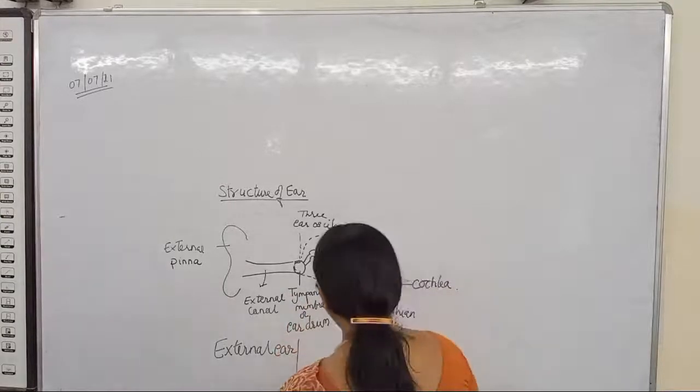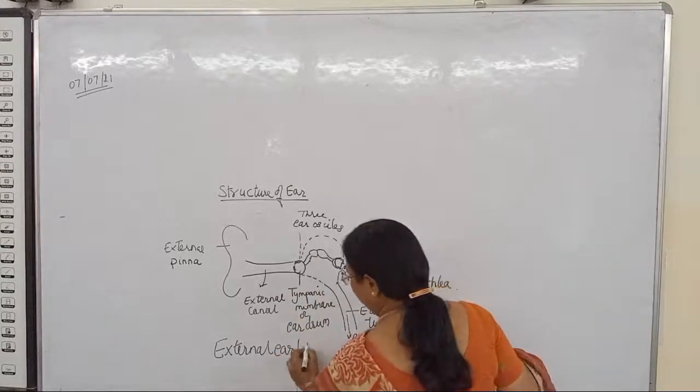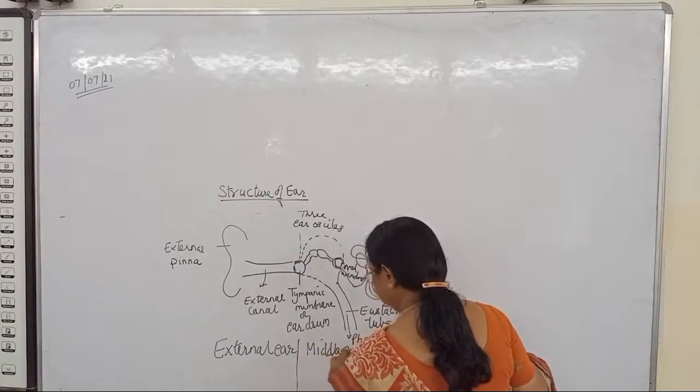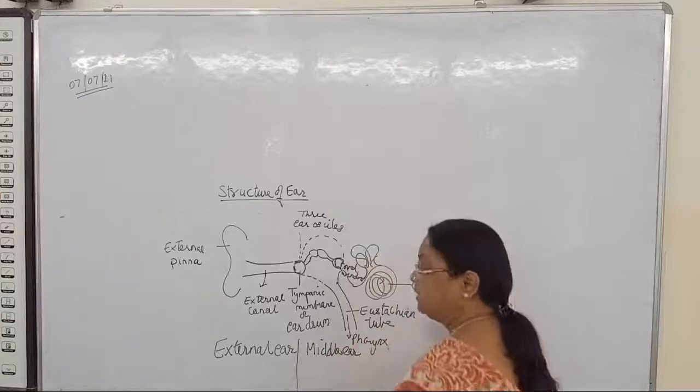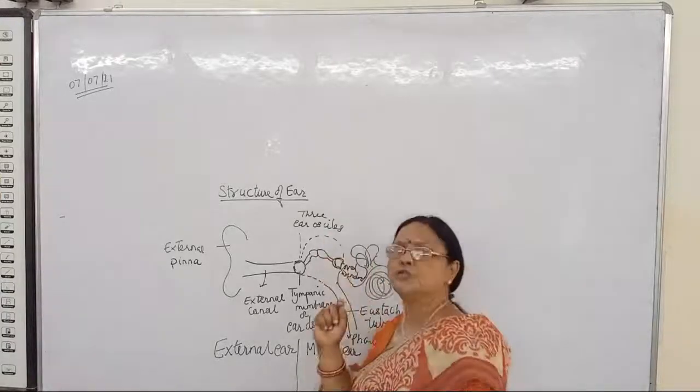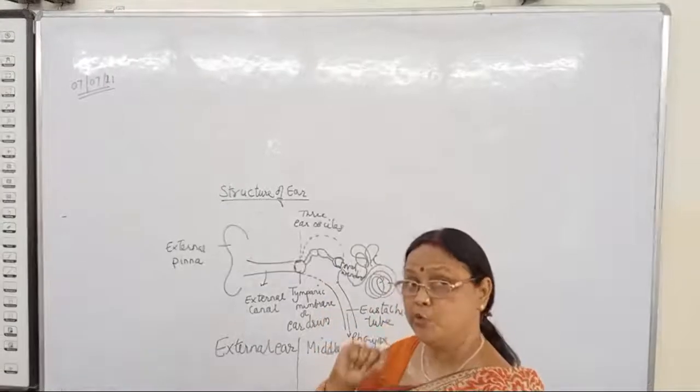And then you have the middle part of the ear, or the middle ear. Now this middle ear has three ear ossicles, three ear bones, referred to as ossicles.